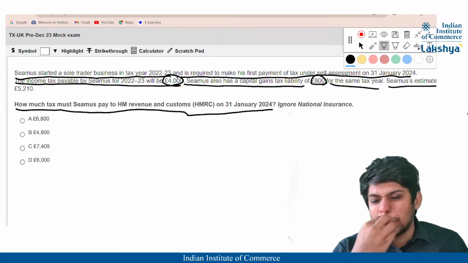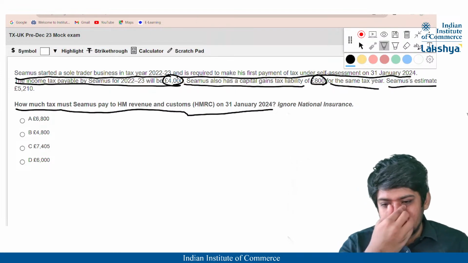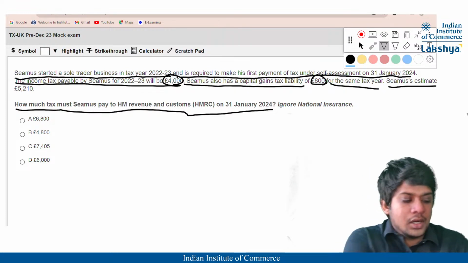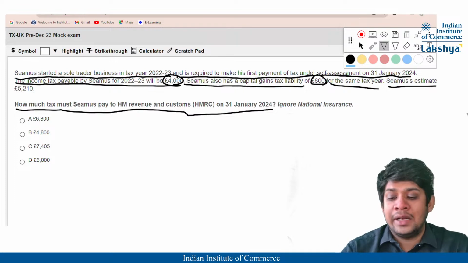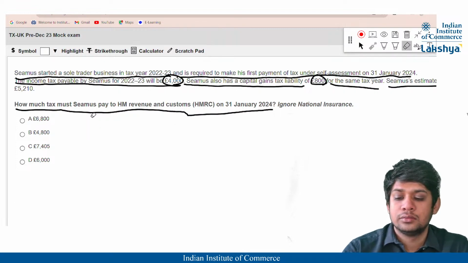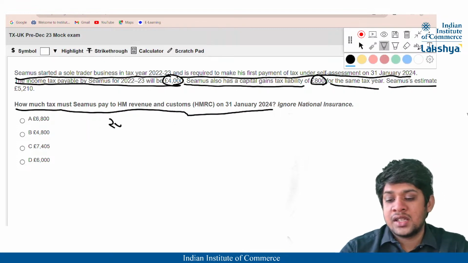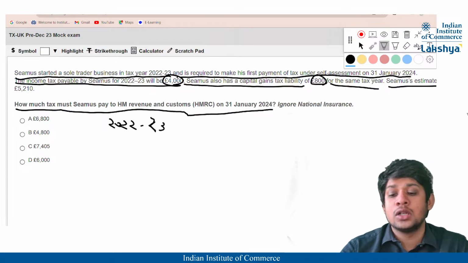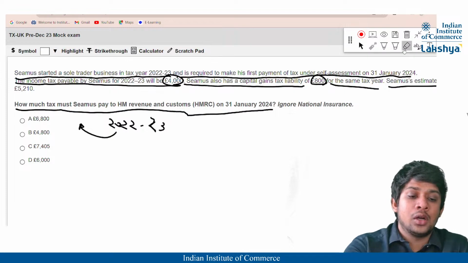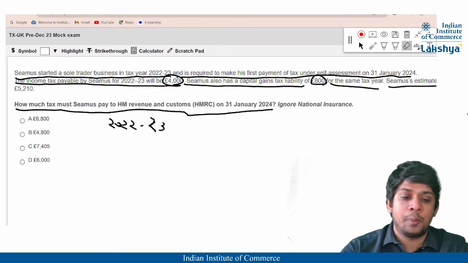Firstly, she has just started as a sole trader in the tax year 2022-23. As per the tax administration of individuals, in the first year of trade you do not have the previous year's relevant earnings, so obviously you cannot make payments on account, POAs.